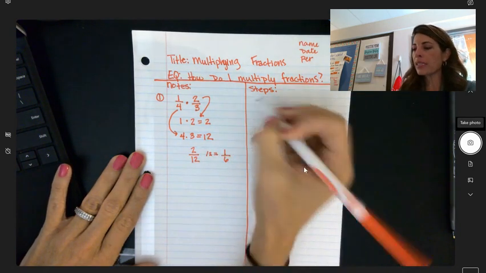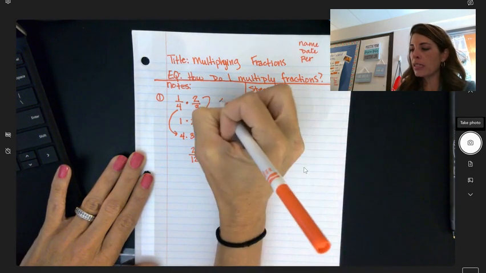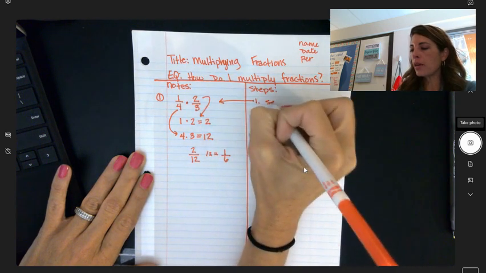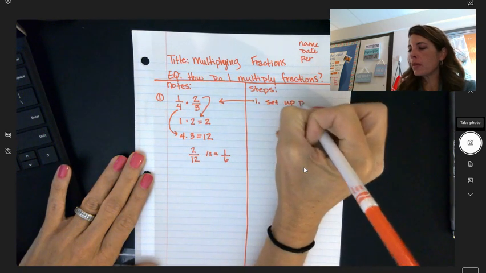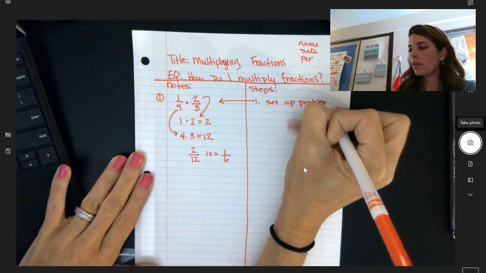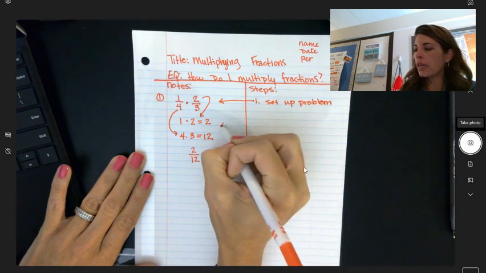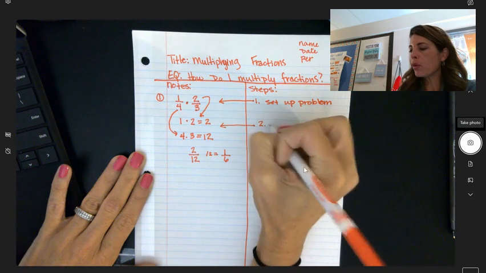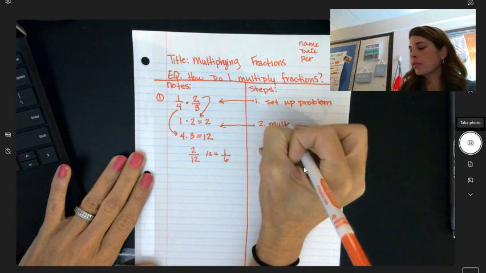Now, I have the math here, but I didn't really do the steps yet. So I have to go back and say the steps. So the first thing I did here is I set up the problem. We're copying this down. And then step 2, I multiplied straight across.